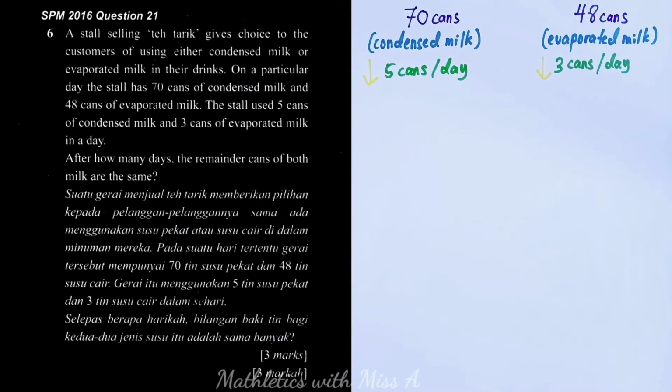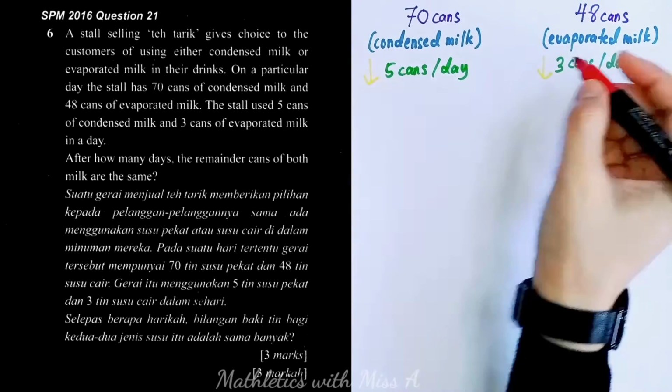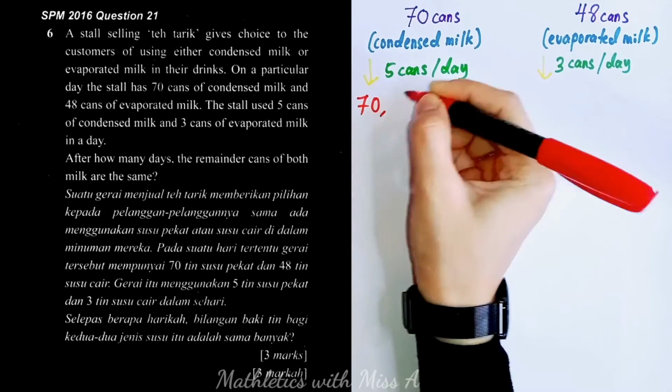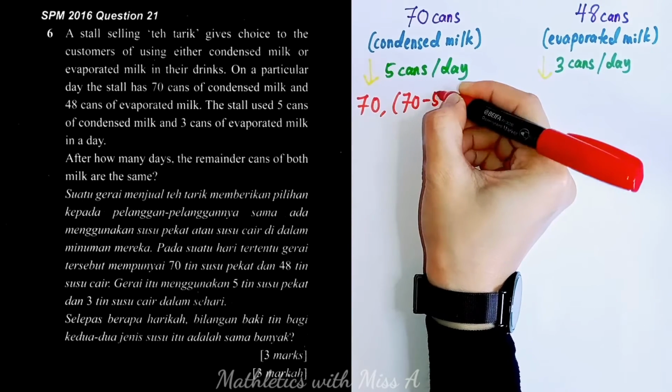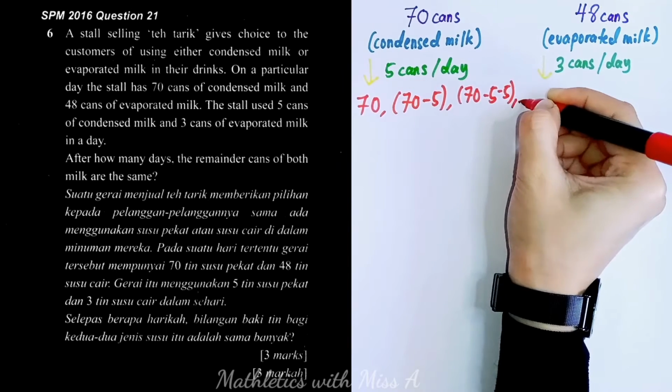On a particular day, the stall has 70 cans of condensed milk and 48 cans of evaporated milk. The stall used 5 cans of condensed milk and 3 cans of evaporated milk in a day. So the first day we have 70, second day 70 minus 5, and the third day 70 minus 5 minus 5.